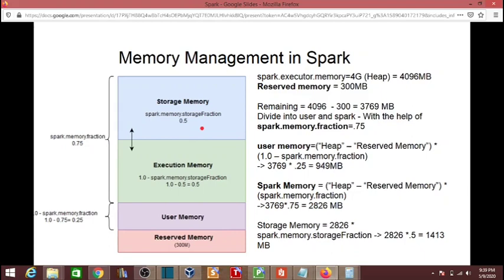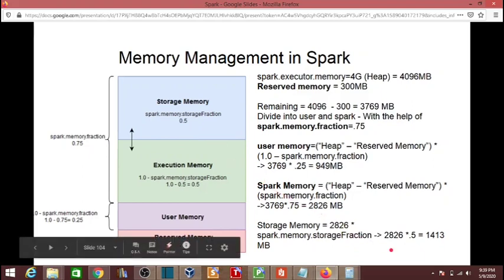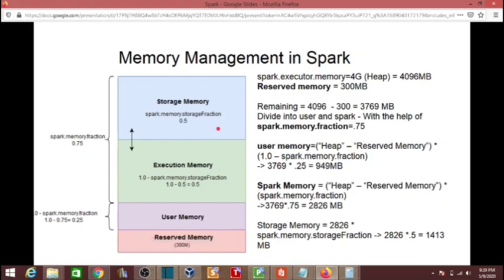Let's say you have divided these two parts into 1413 MB each. Let's say execution memory is using only 500 MB. Then the remaining memory, around 900 MB, can be used by the storage memory if it borrows that memory from the execution memory.